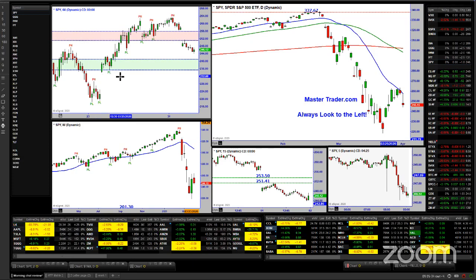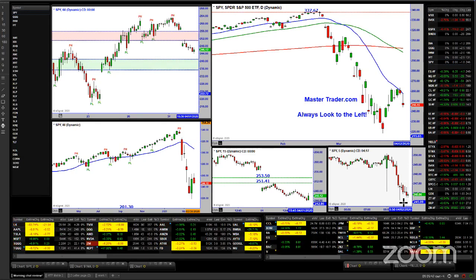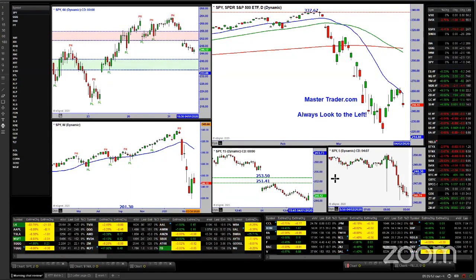But for longs, if we get a continued drop in the morning, say into the 10 o'clock or 10:30 reversal period, and we see the spiders down here, and we start seeing maybe something like this, this little retest pattern over here, we can start thinking about longs in that area. That would make sense.